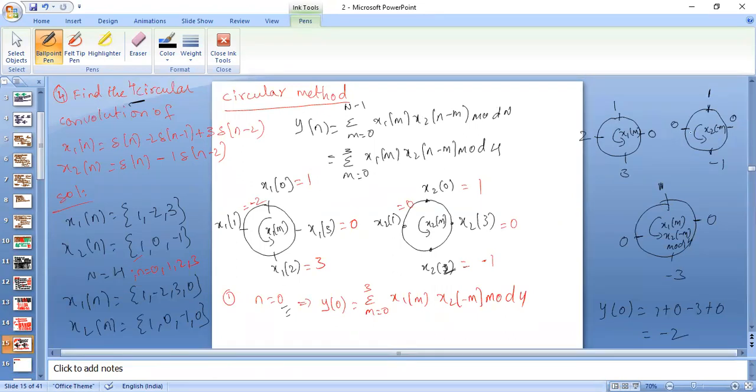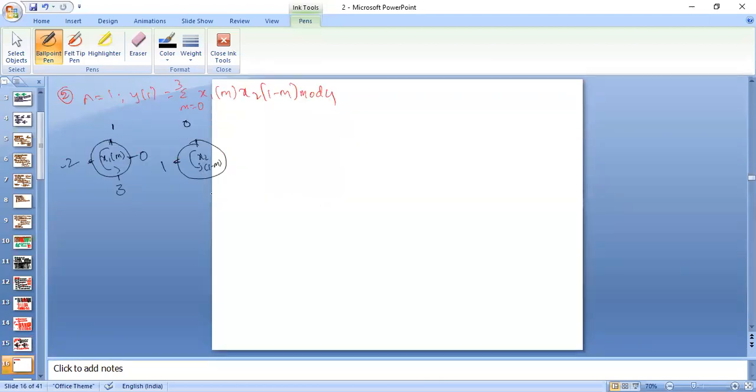Then if we shift 1 unit right, what happens, amma? 0 1 0 minus 1.